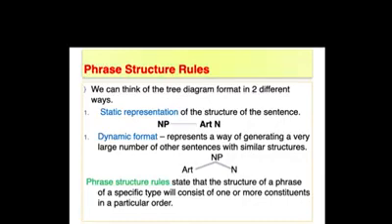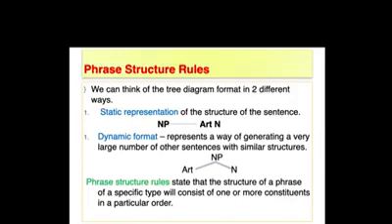There is what we call a static representation of the structure of the sentence. A static representation is when you go linear. This is what we call the linear representation of syntax. You don't go vertically, but you go horizontally, and you describe what you have in a specific sentence.